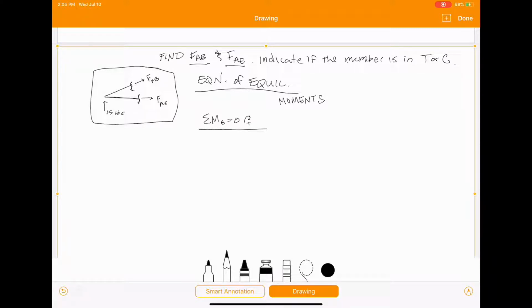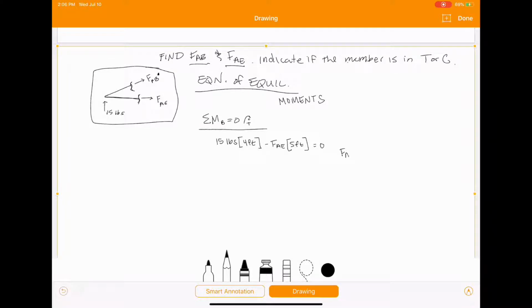So moment about B, we've got 15 pounds. Remember, B is up here. And that's going to be multiplied by 4 feet. That's going to be positive direction. And then we've got a negative FAE times 5 feet equals 0.